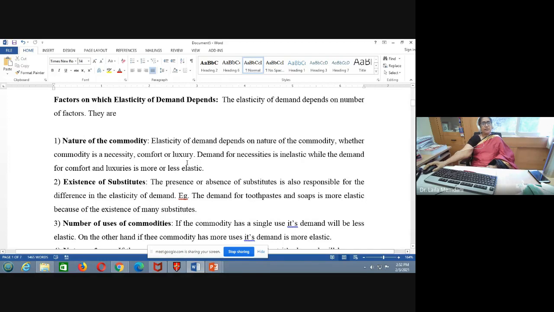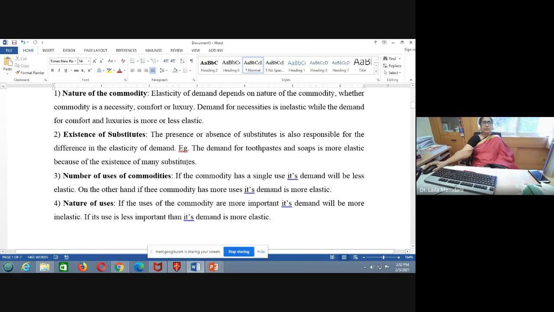But since it is a necessary commodity, people have to consume it. No other way. So whatever the price, we have to consume. Of course, to some extent it will change, but not much. Like people have to go for the job, so they need petrol in their vehicles. Now, during COVID, you cannot use public transport much either.